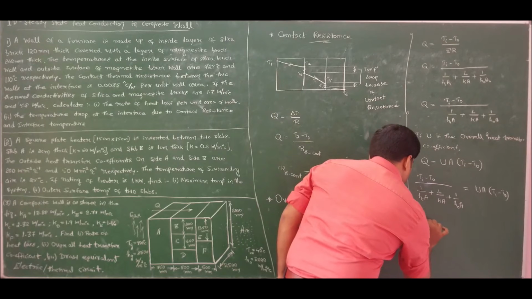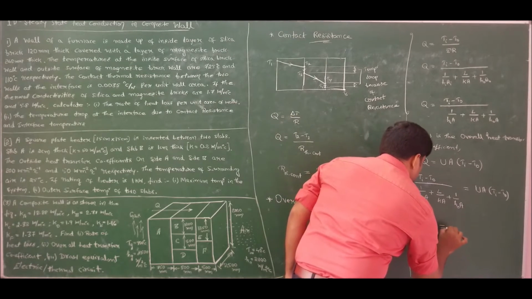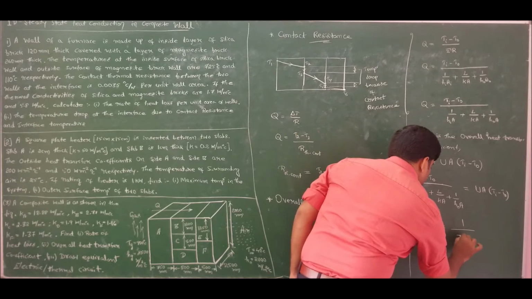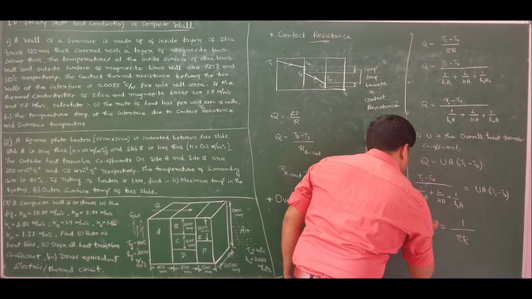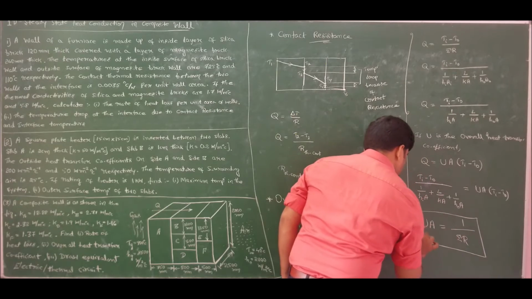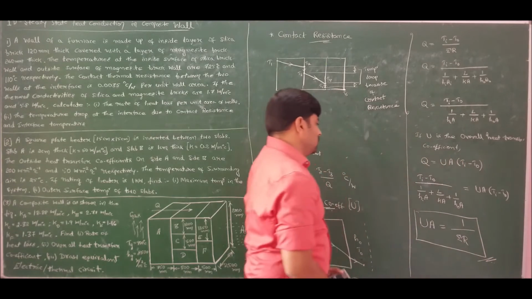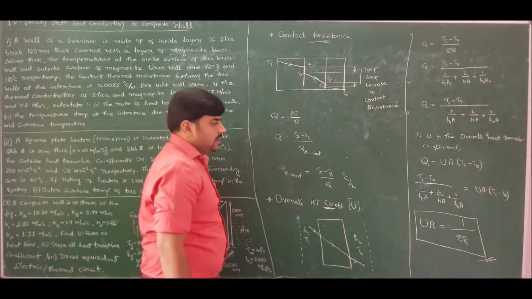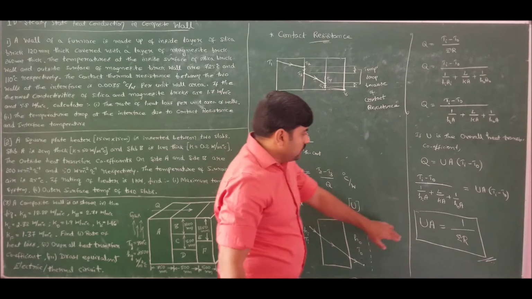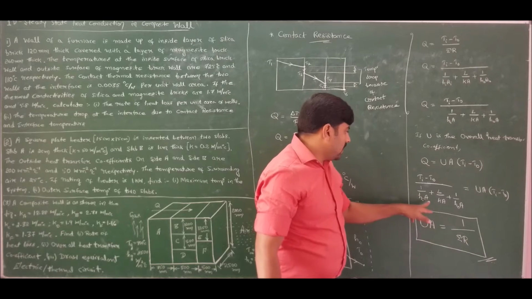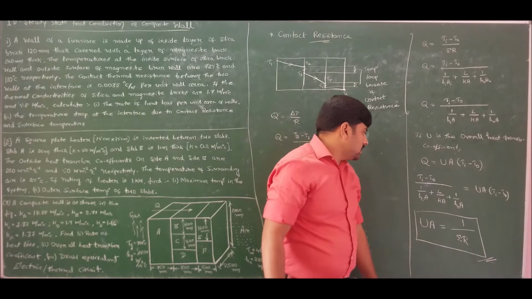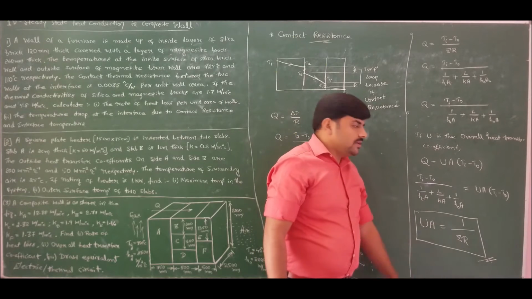So therefore, the overall heat transfer coefficient U times A is equal to 1 divided by the sum of resistances. This is a very popular expression which is used dominantly in the field of heat transfer. Now I can cancel off the area on both sides and write the equation in the reduced form.